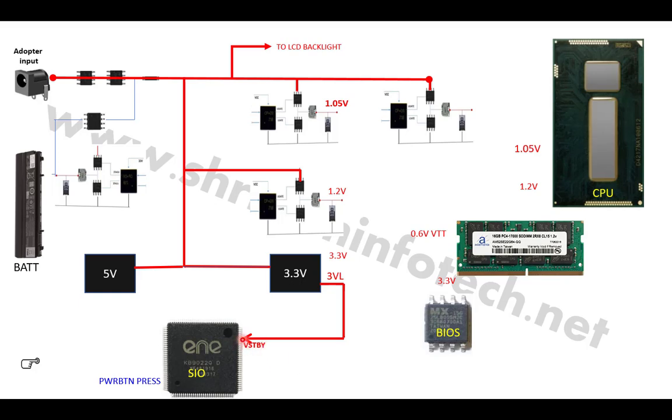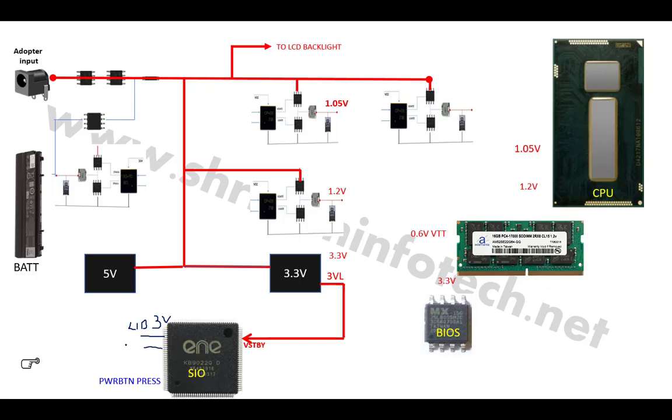As soon as the SIO gets this 3 volt, it starts working, but before that you need some 2-3 signals. The SIO gets the lid switch, that is 3 volt.